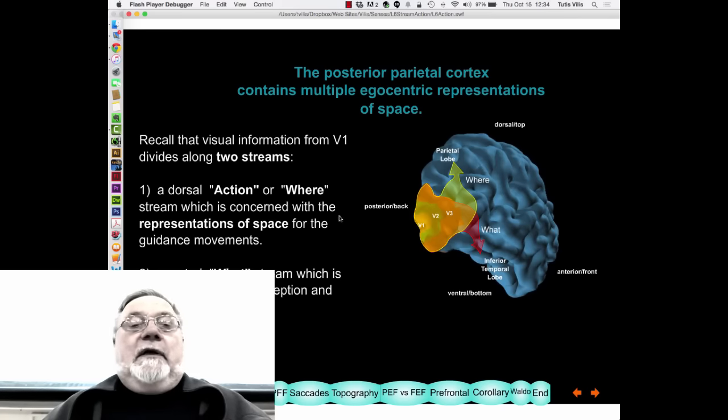And the one heading up is called the dorsal action or where stream, and it's mainly concerned with the representation of space for guiding movements. And this stream underneath here we saw was concerned with the perception and recognition of objects.